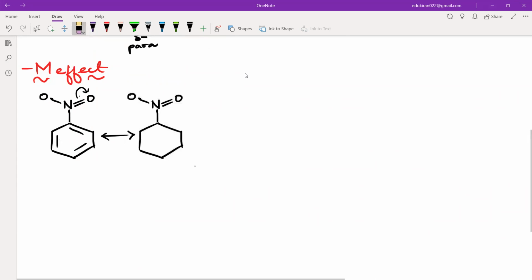This bond is broken. So this will get a negative charge. Nitrogen will get a positive charge. And then what will happen? This is a bond here. There are these bonds. Now, this particular nitrogen atom, it will take the electrons like this.